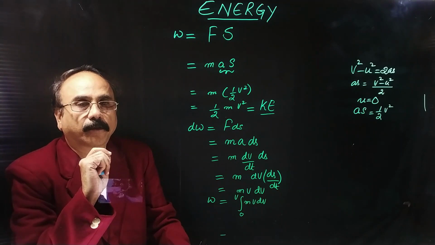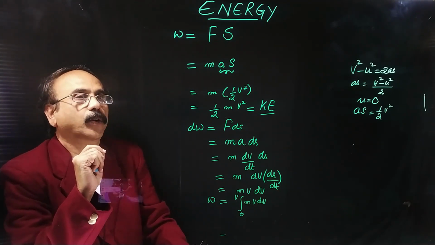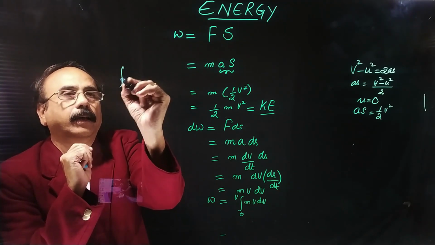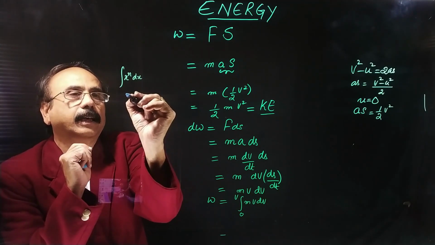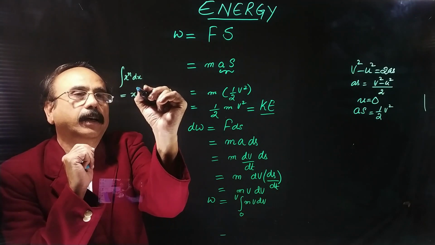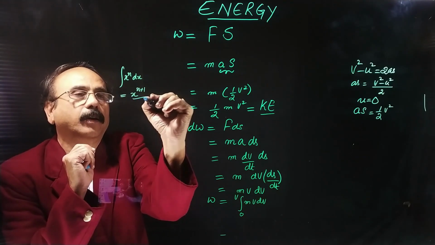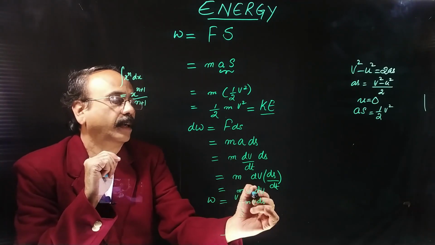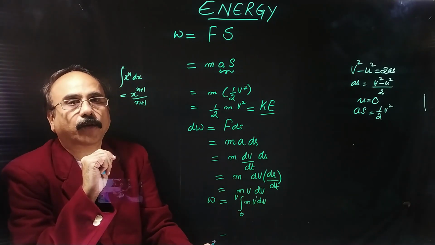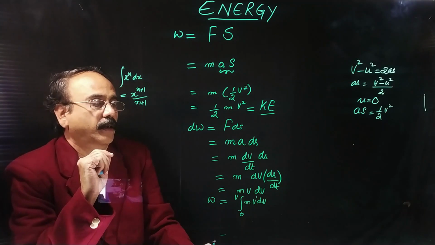as v square by 2, because we know the integral of x to the power of n dx is nothing but x to the power of n plus 1 by n plus 1. By using the same formula, here it is v to the power of 1, therefore v to the power of 1 plus 1.